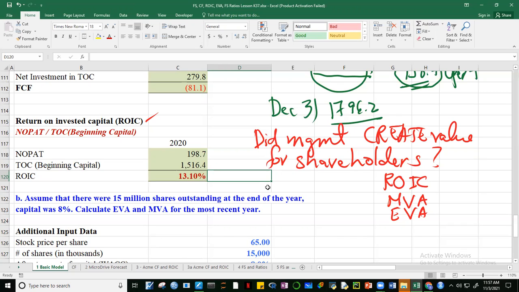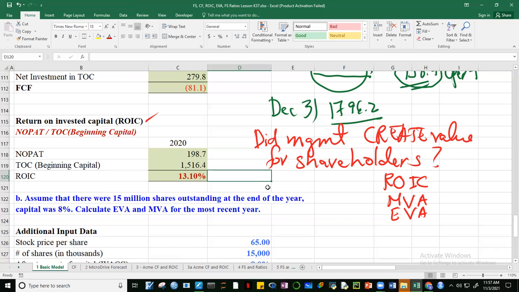Anyone? Any suggestion? Any idea about that? Any opinion? What do you think, guys? Is an ROIC of 13.10% okay?